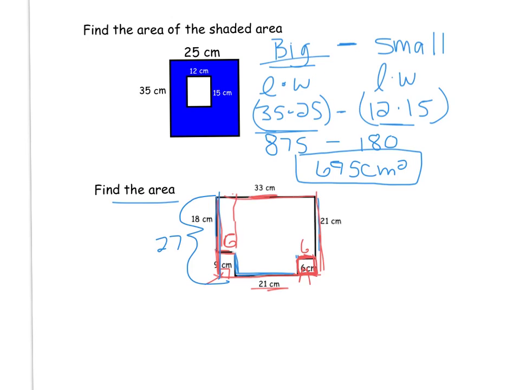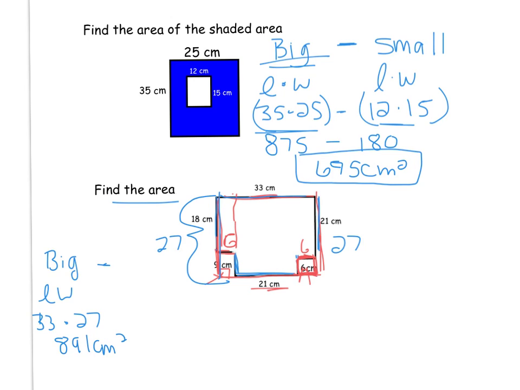And I can check it over here as well because I had a 21 and a 6, which is 27, and a 33. So my big area is length times width, 33 times 27, which is 891 centimeters squared.